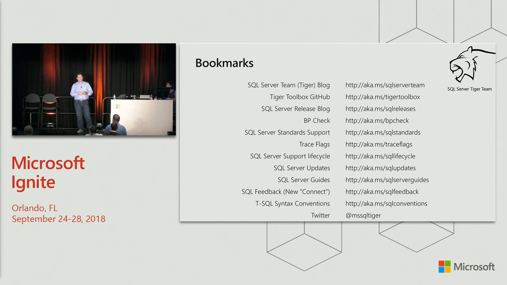So if you have any issues with SQL Server that are not pressing, affecting your production server, in which case you would go through support, please leverage that feedback site to provide us with ideas and feedback on SQL Server. We also have a number of T-SQL syntax conventions that you should observe as you are migrating your code. If you have the chance, go in and make sure that you are leveraging what we think are the best practices in that regard. So we have also that page there, and I guess that's it.